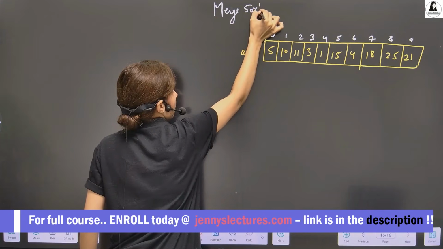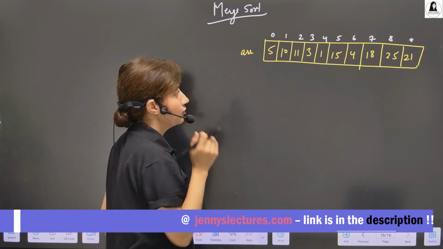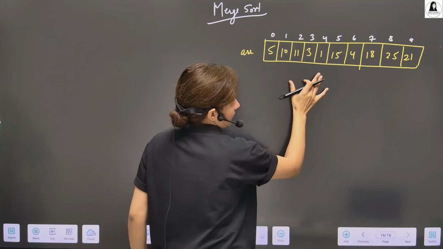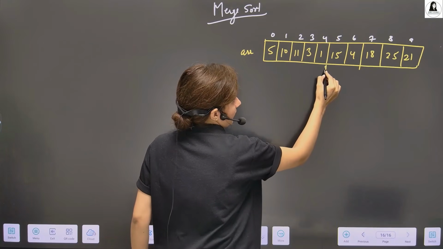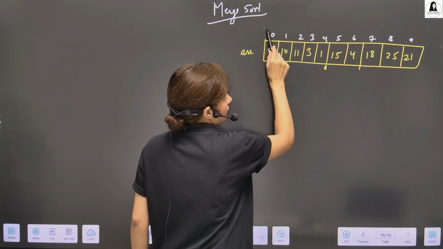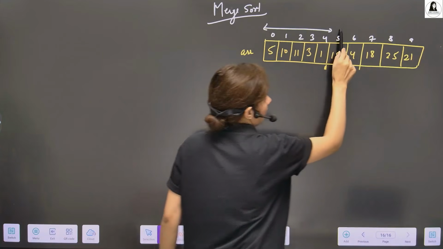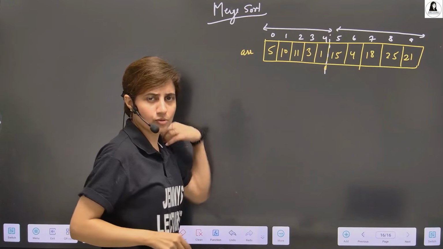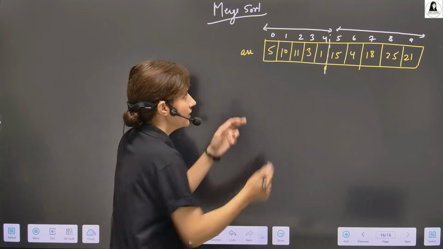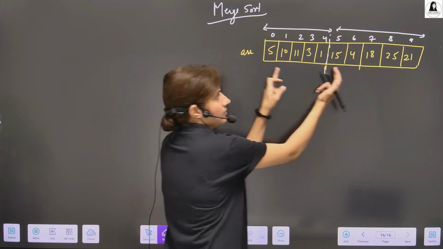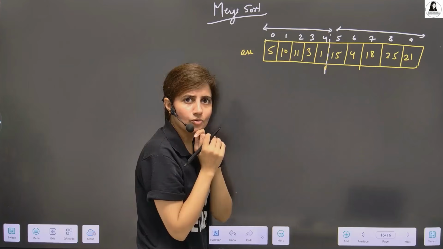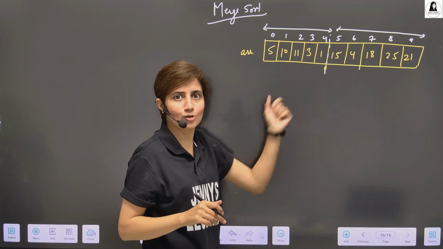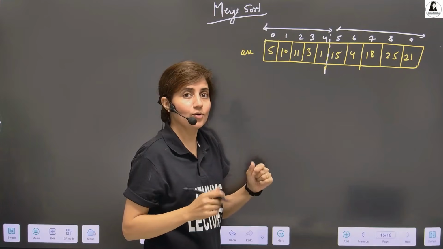If we divide it into two halves, this is the first half and this is the second half, and we merge them, will we get a sorted list? No, because is this half sorted? Is that one sorted? No. So you can't directly apply the merge of sorted lists, since these are not sorted.